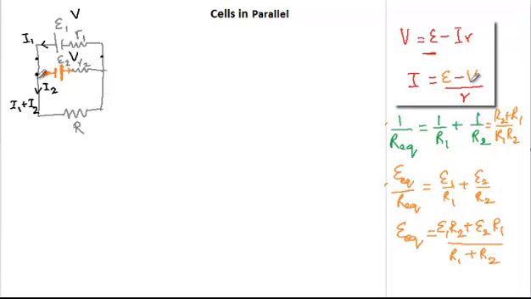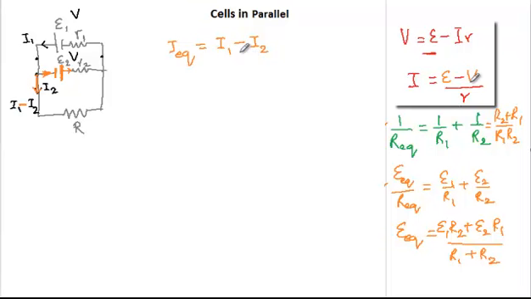So you can see that at this junction we have a current I1 which flows in and I2 which flows out. So the resultant current which we get over here in this part of the circuit would be I1 minus I2. So the current here is I1 minus I2, and now our starting equation for the equivalent current is I1 minus I2. If you recall, in the previous case it was I1 plus I2.